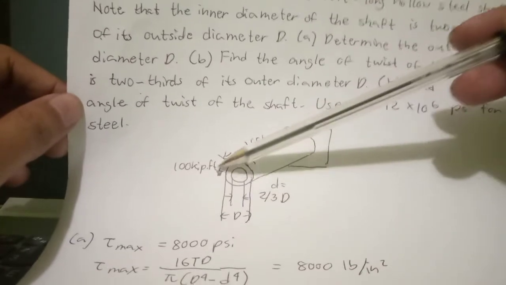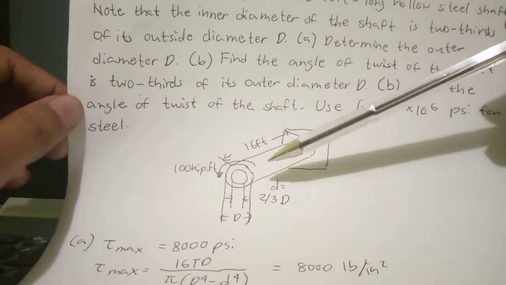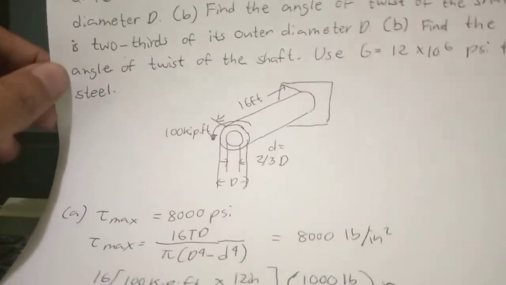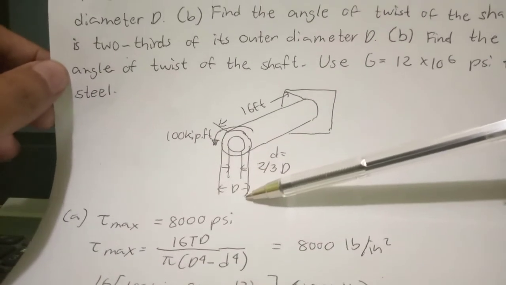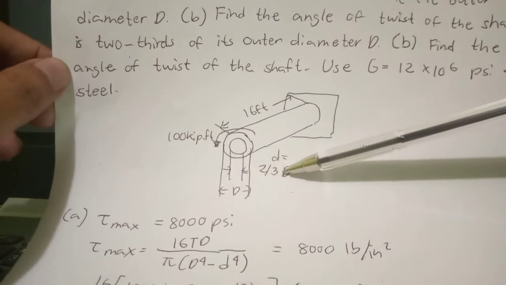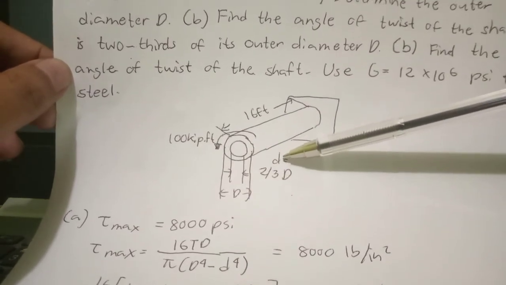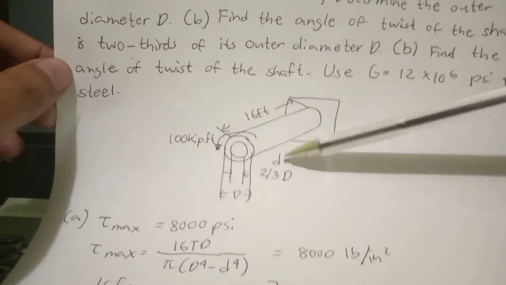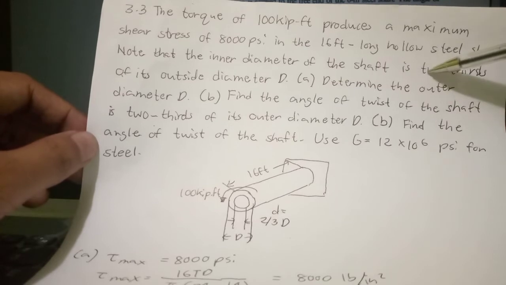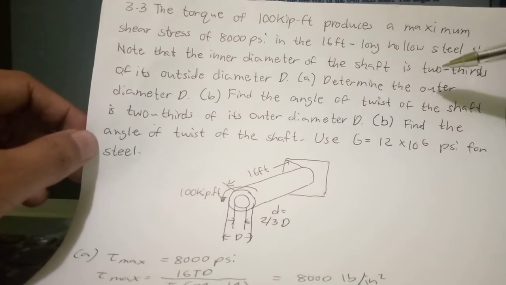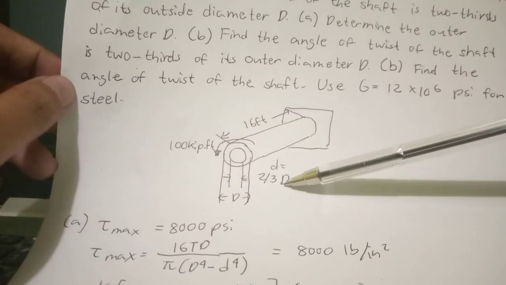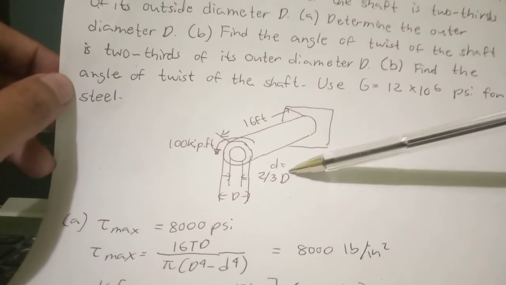We have a 100 kip-foot torque. It has a 16 feet length, an outside diameter big D, and an inner diameter small d. According to the problem, the inner diameter of the shaft is 2/3 of its outside diameter. Therefore, small d is equivalent to 2/3 of big D.